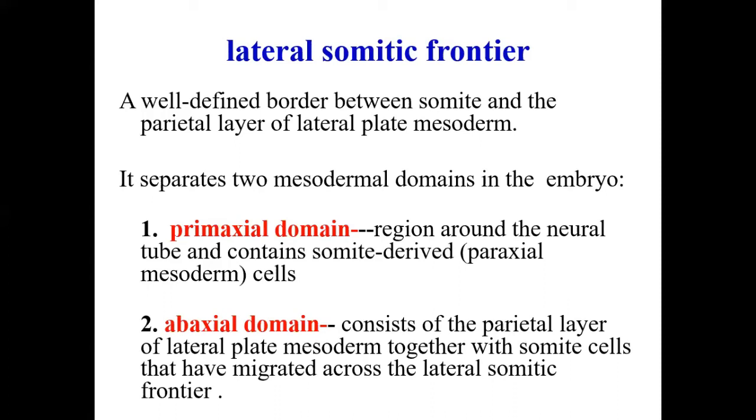One comes from the somite and another comes from the parietal layer of lateral plate mesoderm. The primaxial domain will give rise to the back muscle, and the abaxial domain mesoderm that comes from two sources gives rise to the body wall and limb muscle.